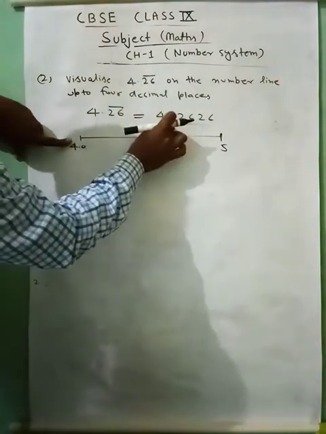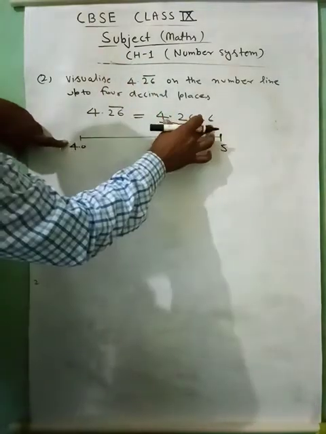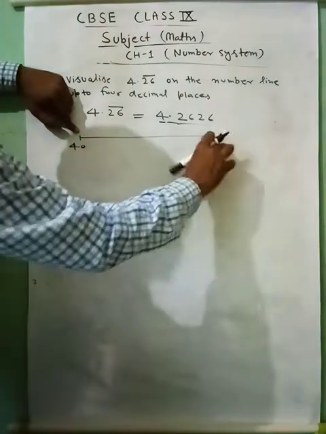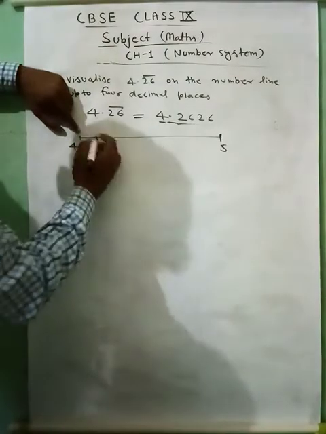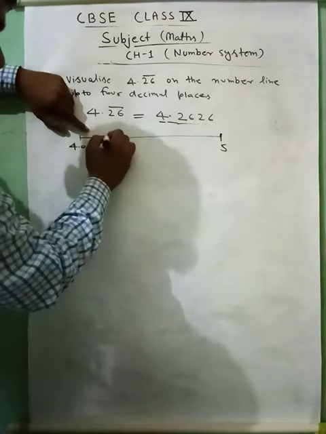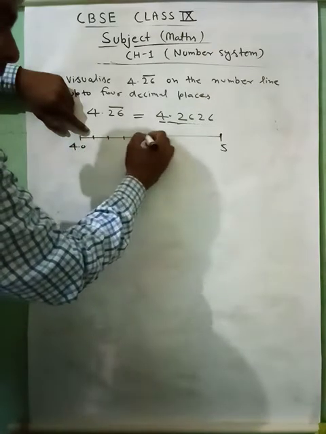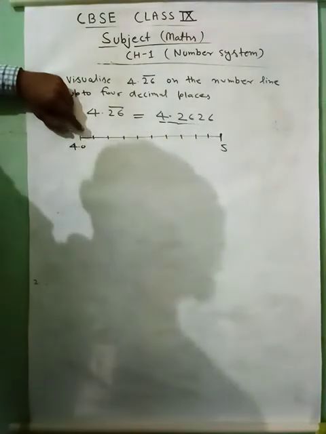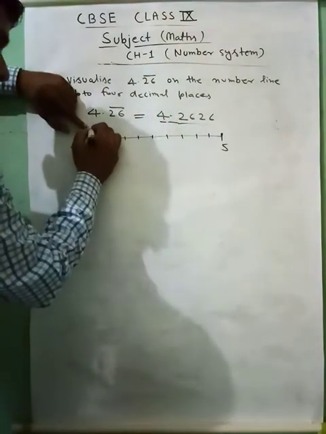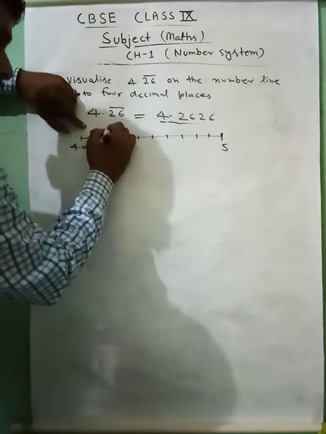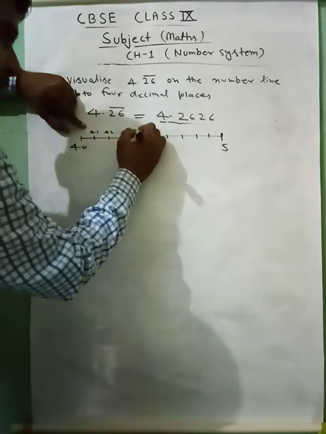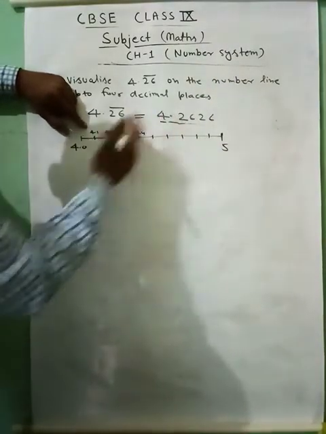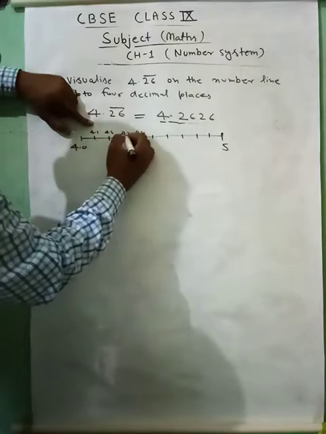Because it is greater than 4 and less than 5, this number will lie between 4 and 5. So we can divide this length into 9 equal parts. It means 1, 2, 3, 4, 5, 6, 7, 8 and 9. It is 4.1, 4.2, 4.3, 4.4 and so on. We saw here it is 4.2, so 4.2 is here and 4.3 is here.